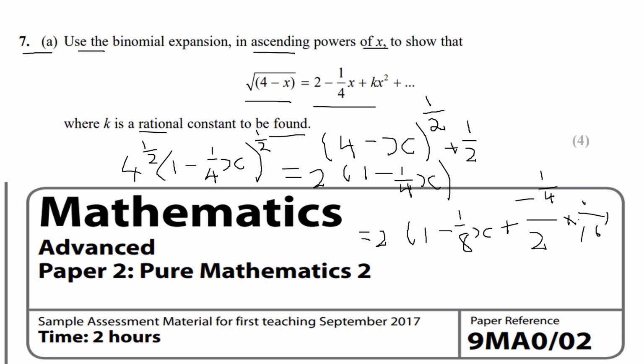plus ..., close the brackets. So let's just simplify this. Minus a quarter divided by 2, so that'd be minus 1/8, times by 1/16 x squared, actually, if I'm not mistaken.